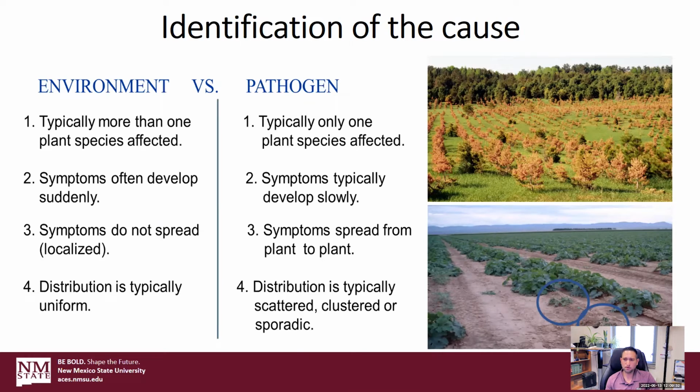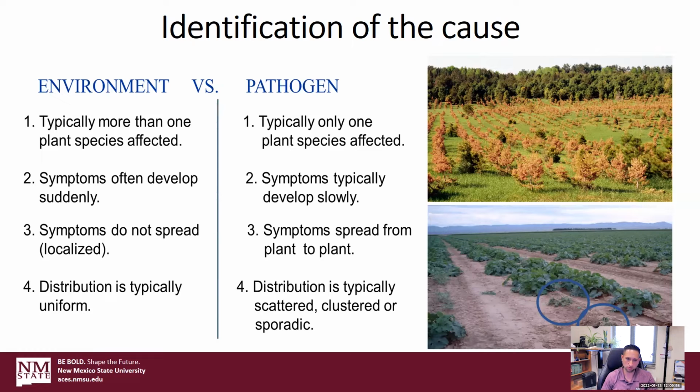Sometimes from one day to the next, your tree dies. That's more likely due to environmental problems than a pathogen, which wants to keep that tree alive and continuously feed off of it. The symptoms really do not spread. They're affected, but they're not going to move down the row from one tree to the next.